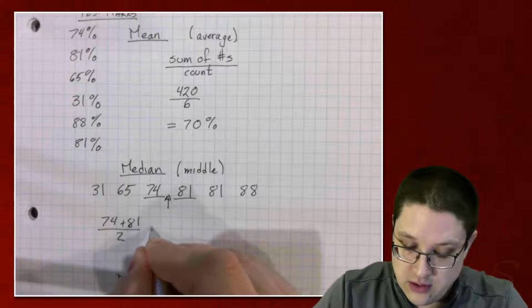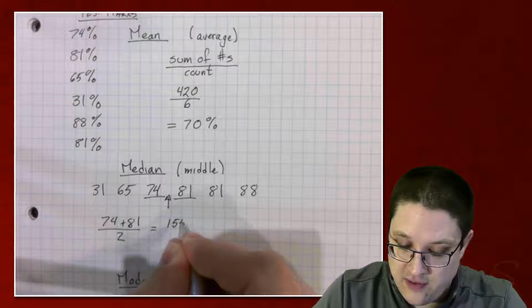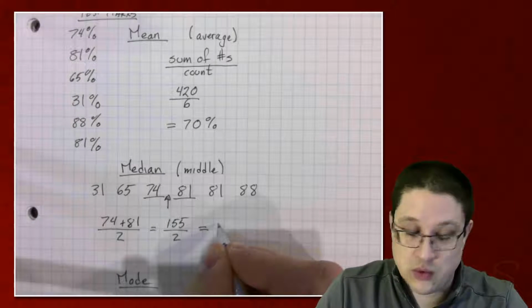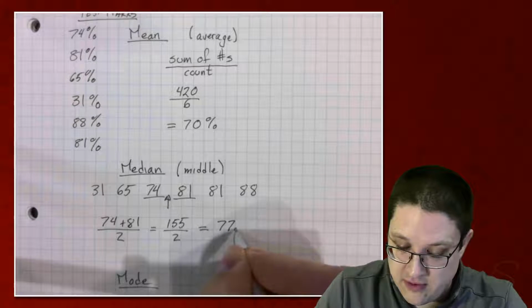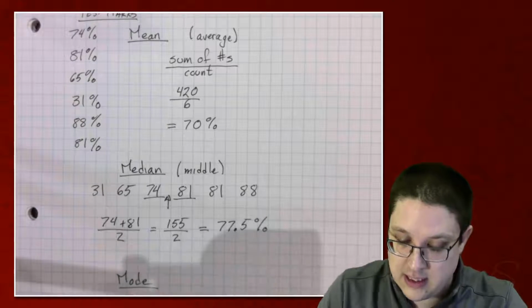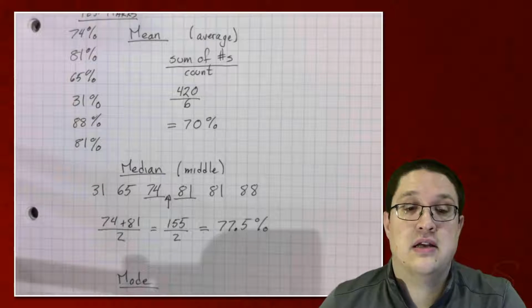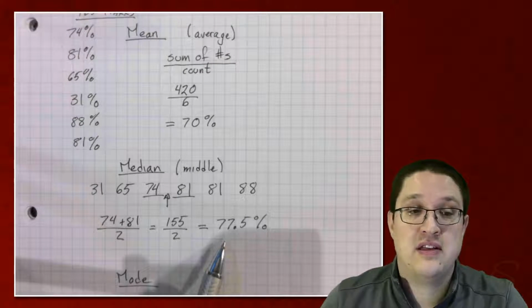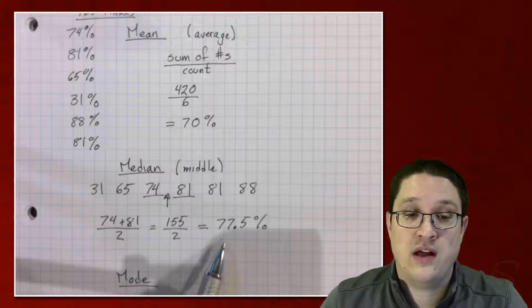That works out to 155 divided by 2, which works out to 77.5%, the median score here. So my median, or the middle of this data, is 77.5.